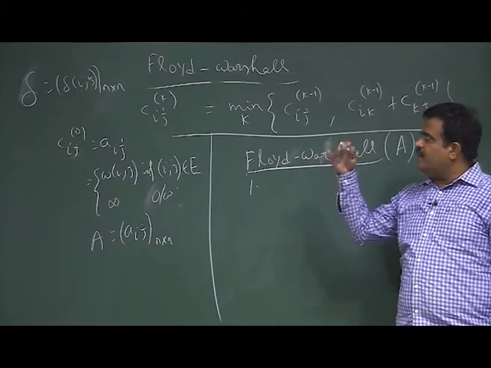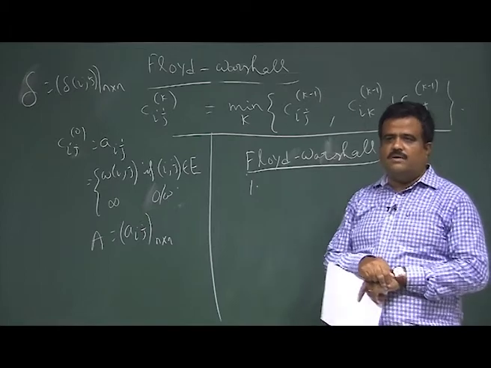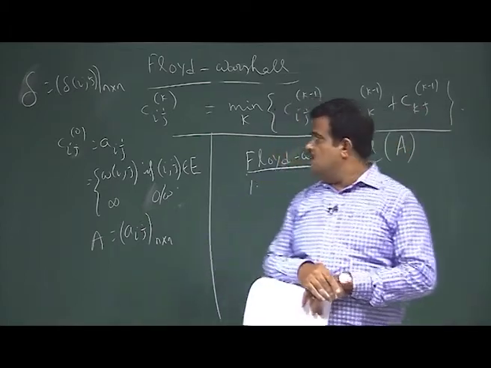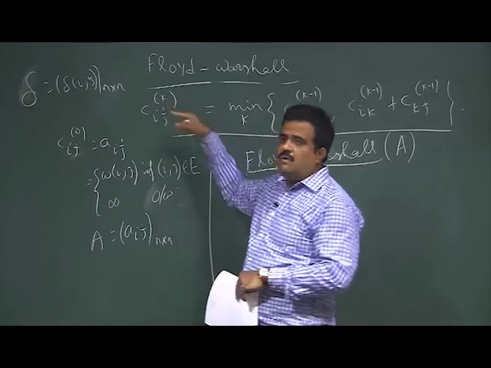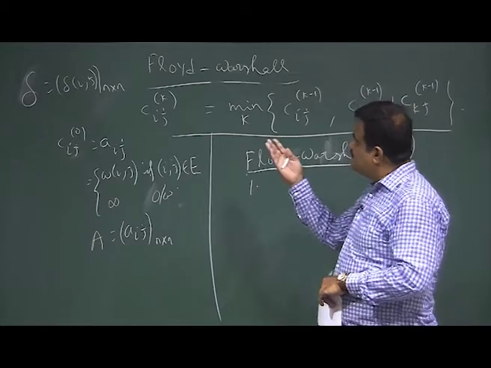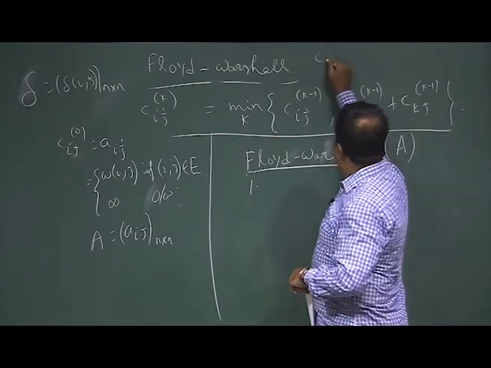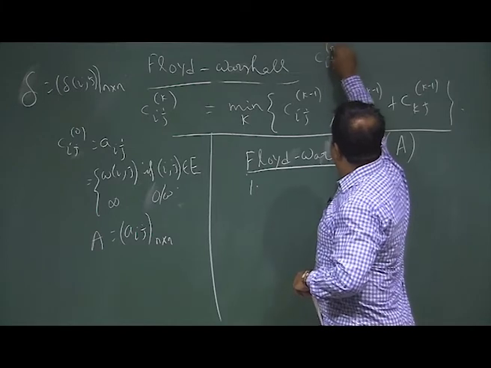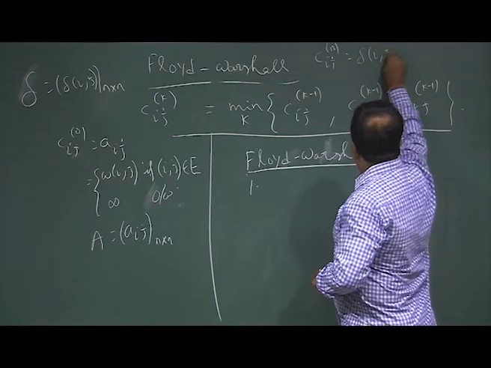Now, if we can find all Cij k recursively, a kind of dynamic programming technique. Because our vertices go from 1 to n, Cij n is basically giving us delta ij.